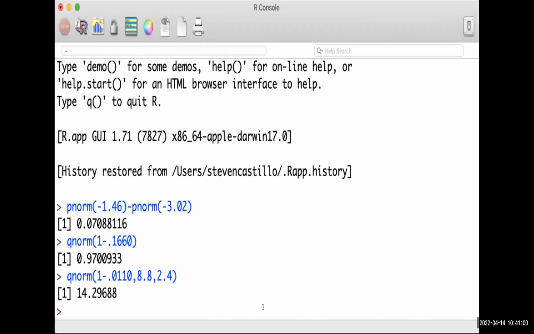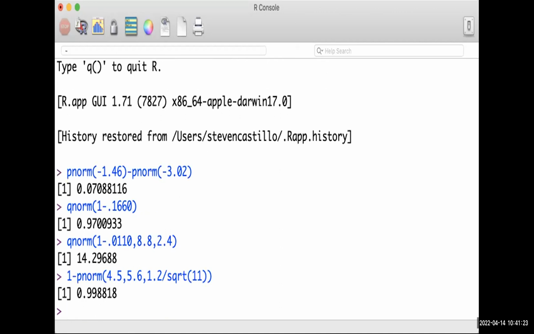And so if I type that in, I'll get the following. 1 minus pnorm of 4.5. I want to get rid of everything less than 4.5. The mean is 5.6 and the standard deviation is 1.2 divided by the square root of 11. Okay, so I get 0.998818.